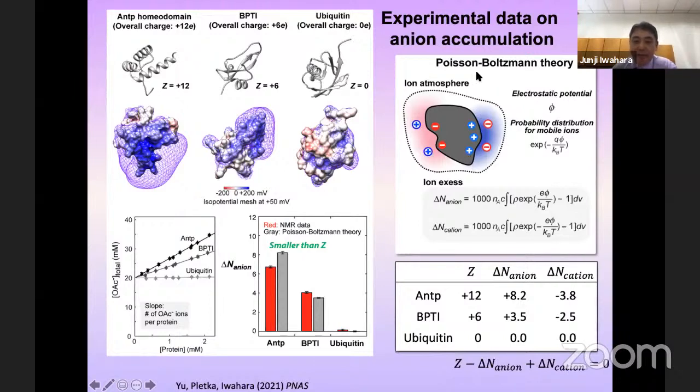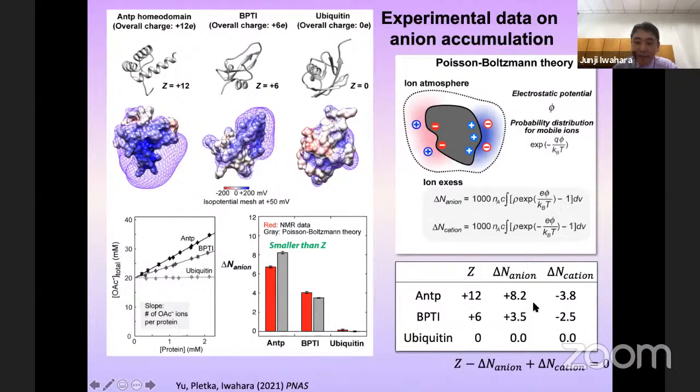We used Poisson-Boltzmann theory to calculate ion excess from the protein structures. We used APBS and DelPhi, and they gave almost the same, indistinguishable results. These are based on the calculated electrostatic potentials together with the integration shown here.